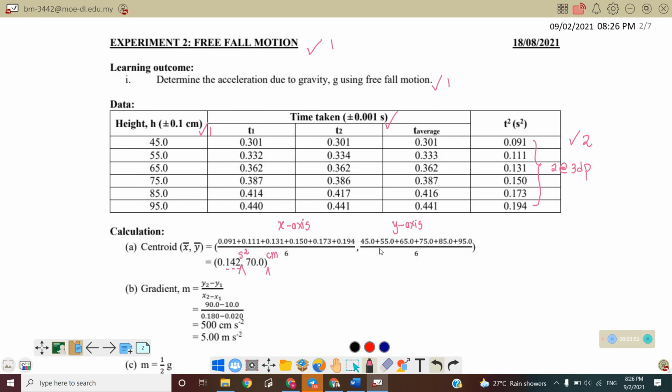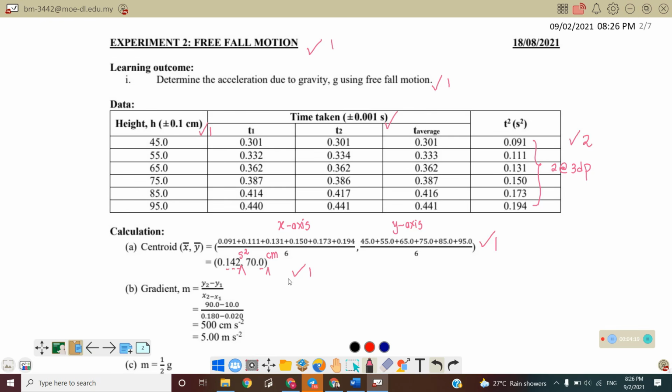For H, only 1 decimal place. Even though we write 70, we must write 70.0. If you write correctly, you will get 1 mark. If you write with the correct unit also, you will get 1 mark. So remember to write the unit.